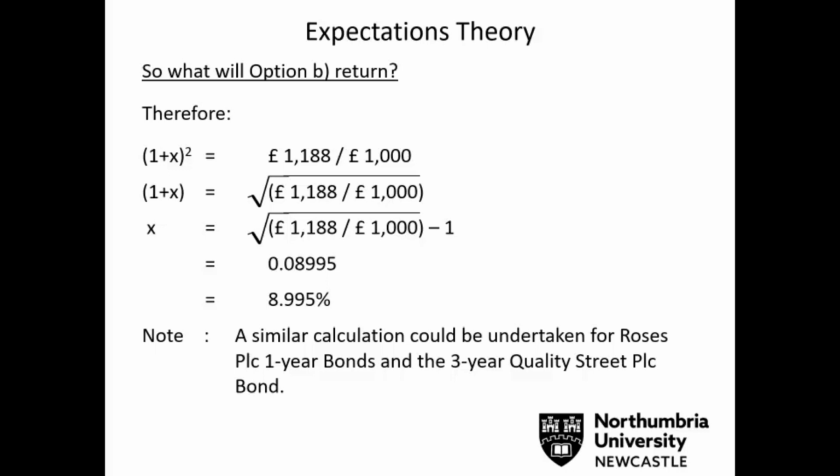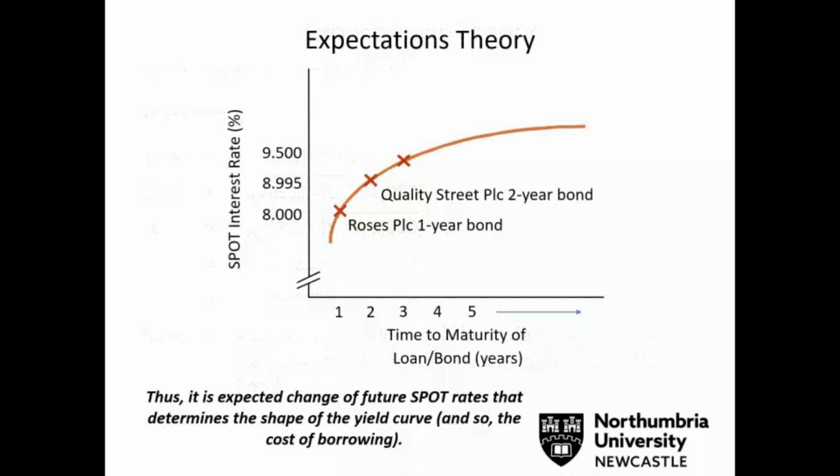If we were to do the 3-year example, it would be exactly the same. Instead of square root, obviously you would have to do the cube root, and the cube root would be the 3-year return of 3 bonds rolled over divided by 1,000. And that, if you do the maths, practice it yourself, it will be 9.5%.